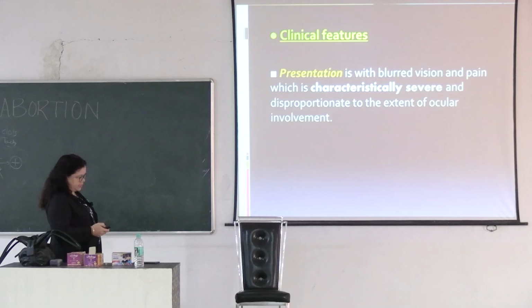Clinical features: the patient has blurring of vision, watering, and pain, and the pain is disproportionate to the extent of ocular involvement. Ocular involvement is less, but pain is very severe.